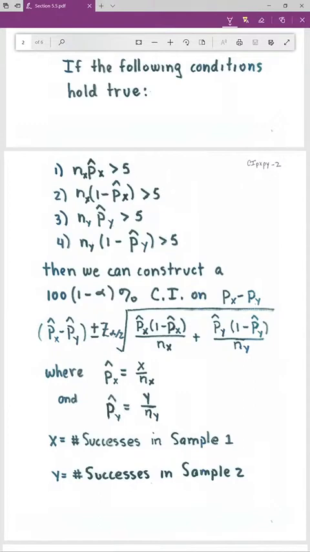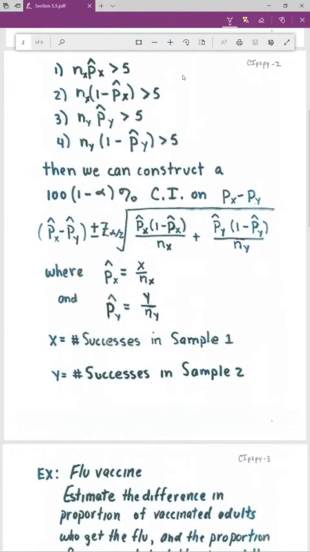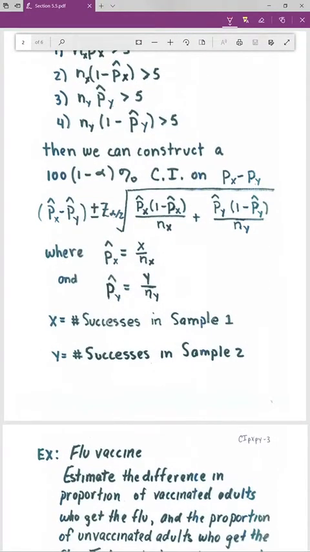And those p hats, remember, are the estimated parameters that we create based on our sample. As we would like to construct our confidence interval on Px minus Py, we will use the following formula: Px hat minus Py hat plus or minus z alpha over 2 times the square root of Px hat times 1 minus Px hat divided by Nx plus Py hat times 1 minus Py hat divided by Ny, where Px hat is x divided by nx.